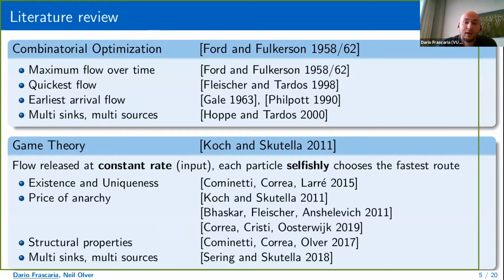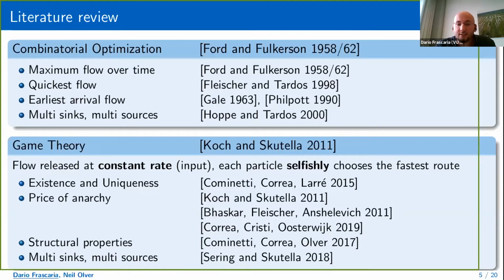They were introduced by Ford and Fulkerson in '58. Classical problems in the combinatorial optimization literature are the maximum flow over time, where we are given an interval and we want to know how much flow can reach the sink within this interval, or the quickest flow, where we are given a total mass and we want to know the smallest interval in which this total mass can reach the sink, or the Lisa-Reva flow, of which I will talk more later.